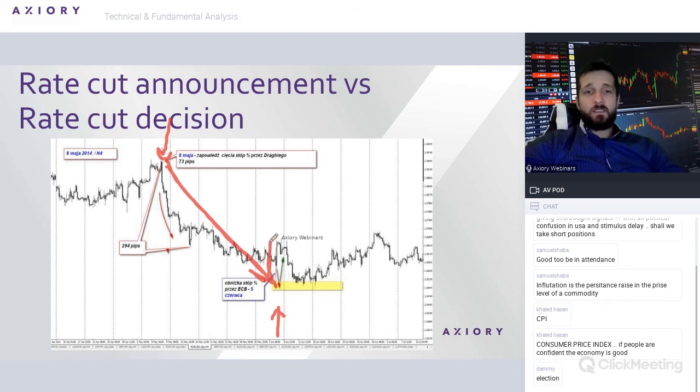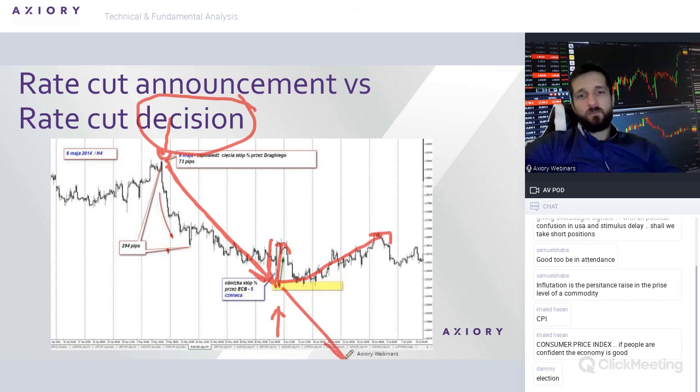During the actual decision, euro came higher and continued higher for some time, which is weird, but not so much, because what happened is the market discounted this scenario. So we already knew that there was going to be a rate cut. If there was no announcement when the rate decision would happen, we would see a sharp drop. But that was expected.